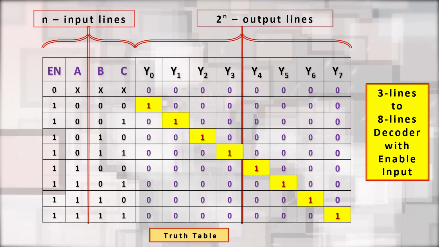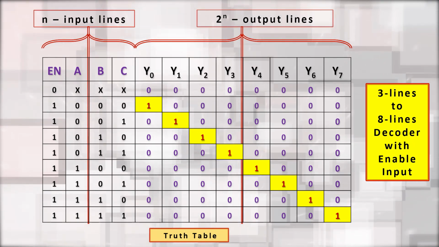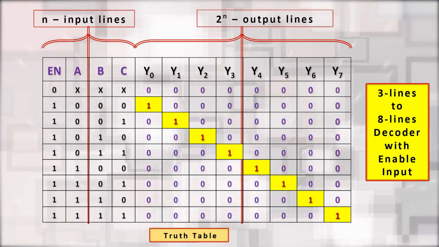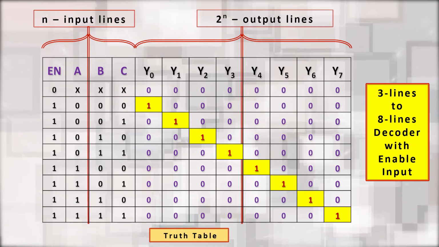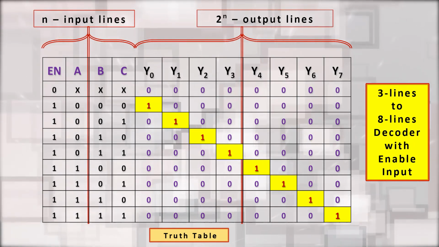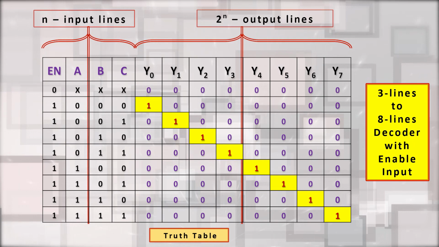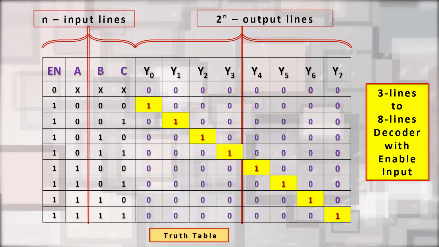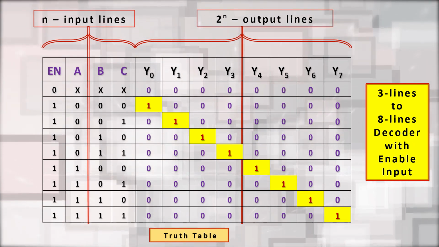And when the enable input is at logic high, at that time according to the input of A, B and C, the corresponding output will be activated one at a time.